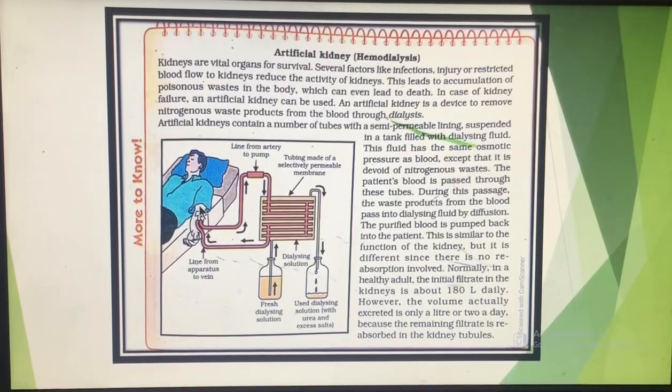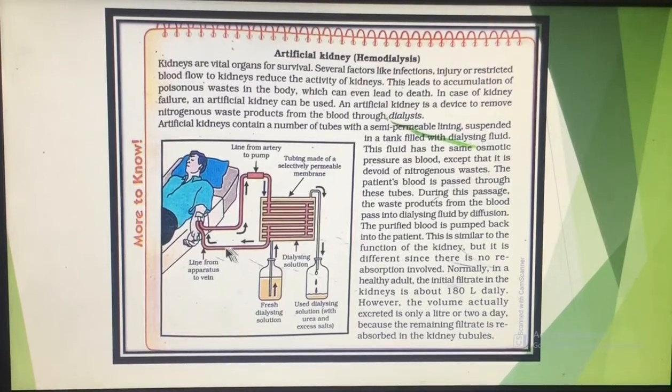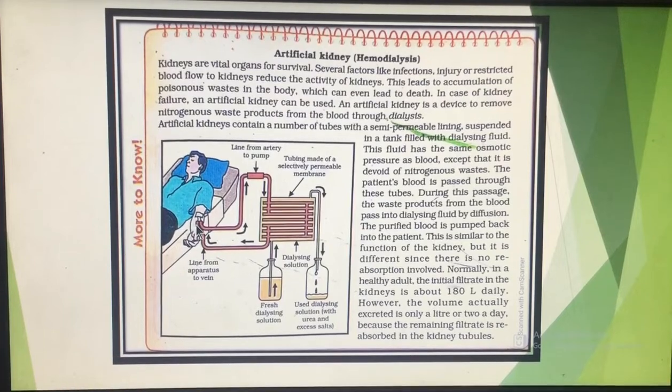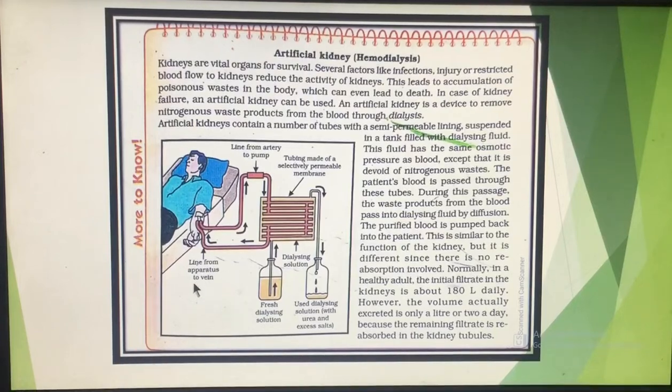Remember, the blood is always taken out from the artery and blood is always inserted inside the vein. Just see here, it is written the line from the apparatus to the vein, and here this is an artery.